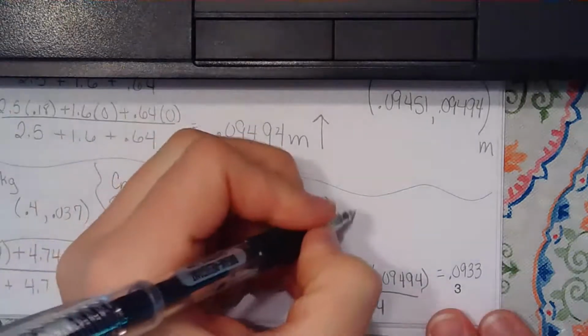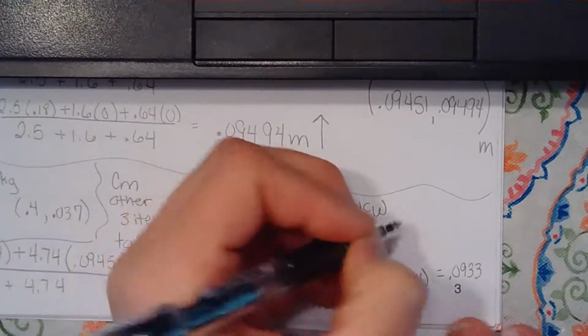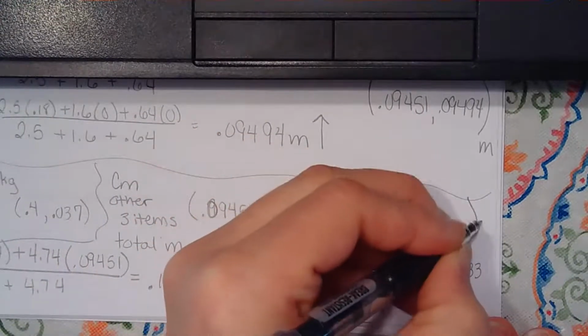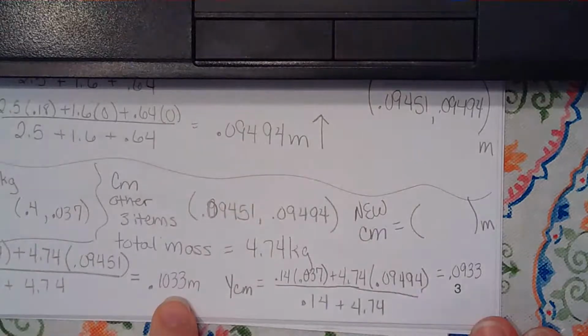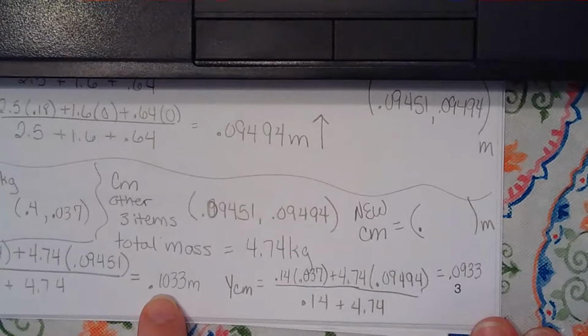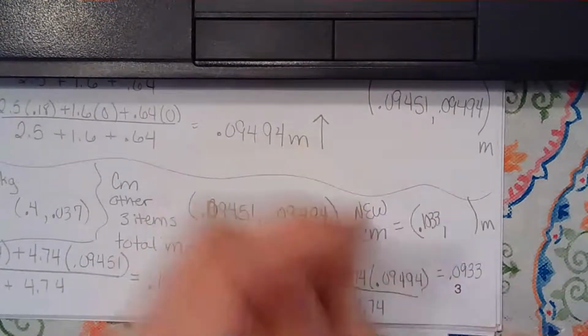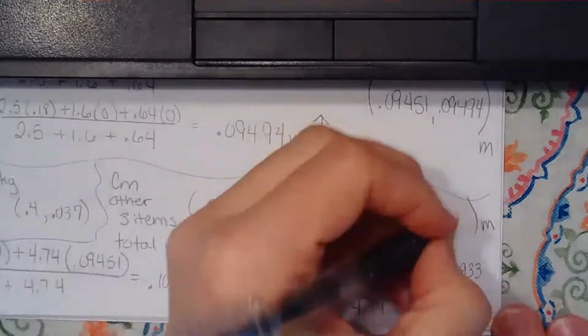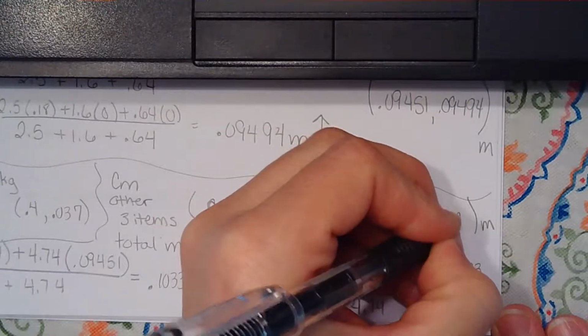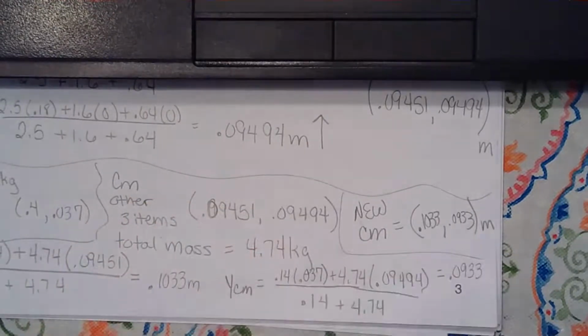So the new center of mass is equal to, in meters, 0.1033, comma, 0.0933. There you go. That's the new center of mass with the ball.